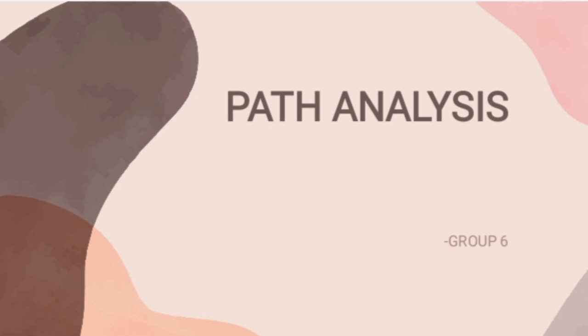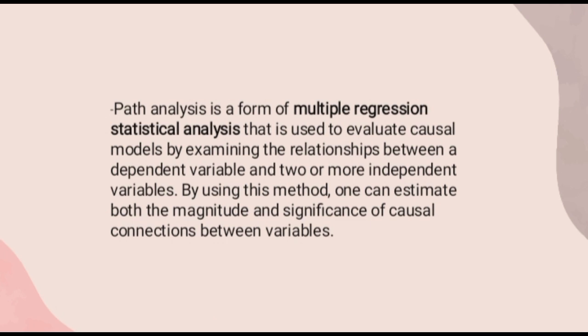So what is path analysis? Path analysis is a statistical method used in research to examine causal relationships among variables or between variables. So it is an important correlation-based method that can be used when subjects are measured on several behaviors.